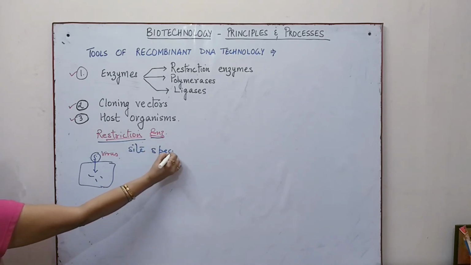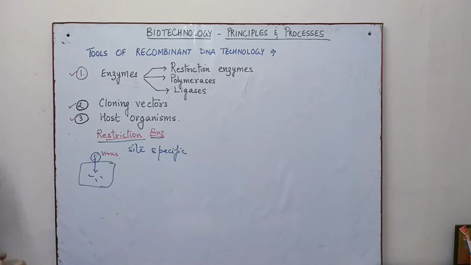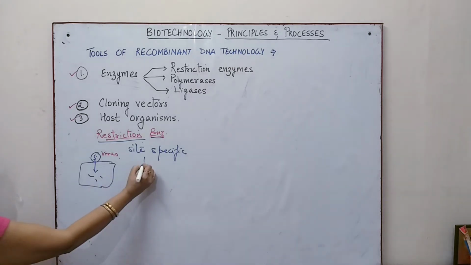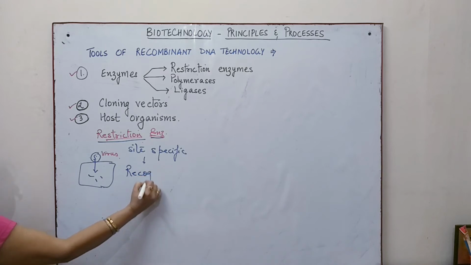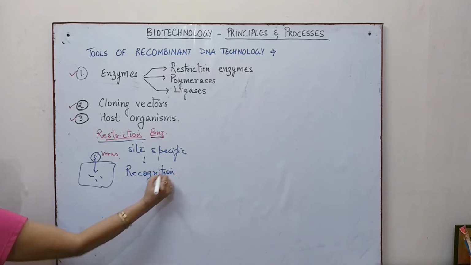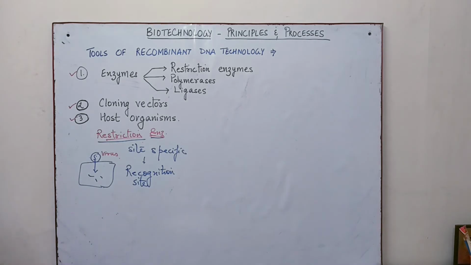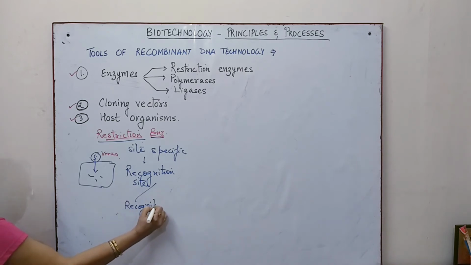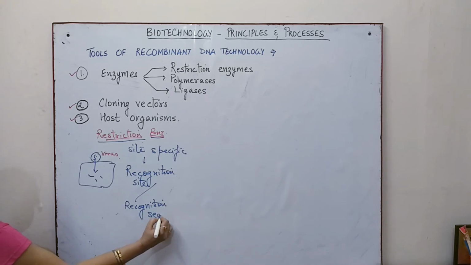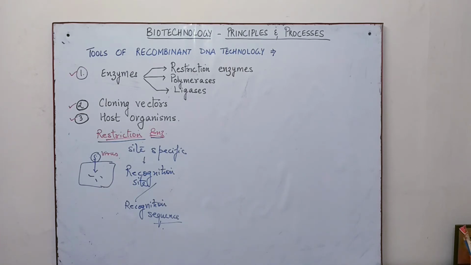That means it will cut the DNA at a specific site or specific sequence of nucleotides, and that site is known as the recognition site, or we also call it the recognition sequence, because it is here that the restriction enzyme will cut the DNA. And these sites are randomly distributed within the DNA.